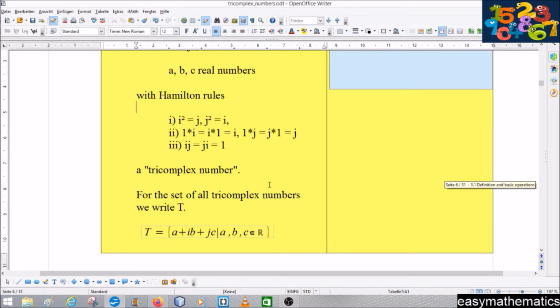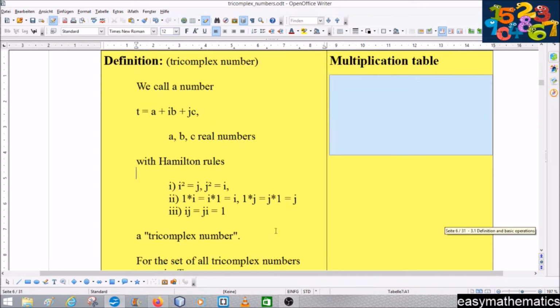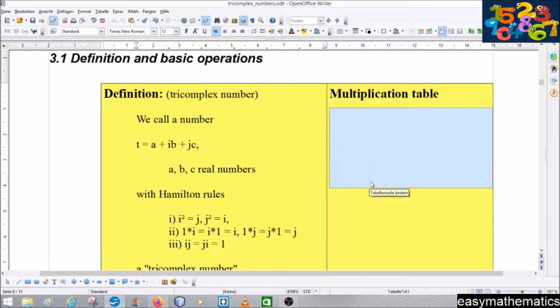And for the set of all tricomplex numbers, we write capital T. Yeah, this is the set of all tricomplex numbers where the components are real numbers.